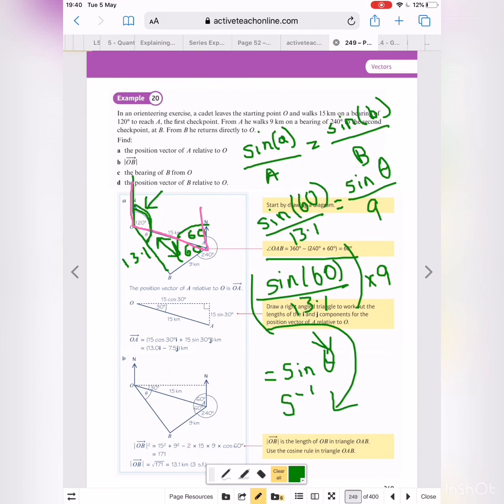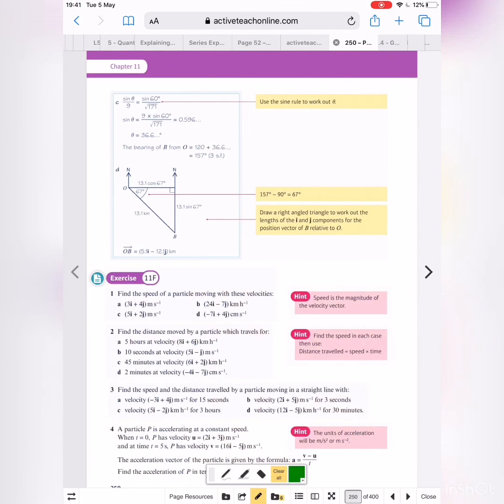And then remember, what you need to do is add that to 120 to give you that whole angle there. So as it says, 157, which is your answer from above, minus 90, because remember that's the right angle there, gives you 67. And then you've got a right angle triangle again. So you know that that's 67. That therefore is your opposite, that's your adjacent, that's your hypotenuse.